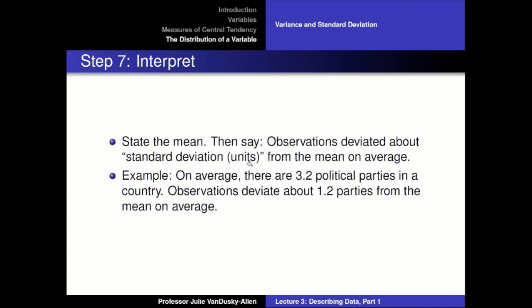The units just tell us what units the variable is measured in, such as dollars or people. So going back to our example, we would interpret the mean and standard deviation as follows. On average, there are 3.2 political parties in a country. Observations deviate about 1.2 parties from the mean on average.